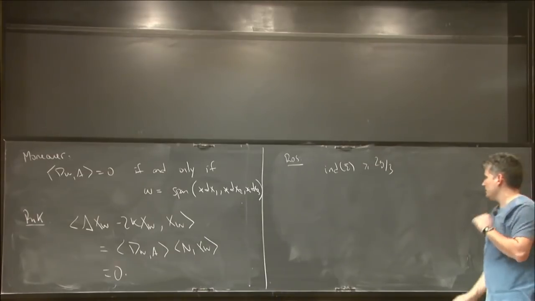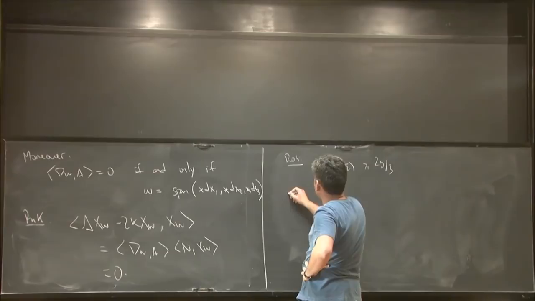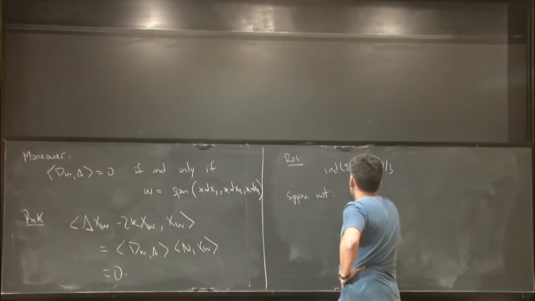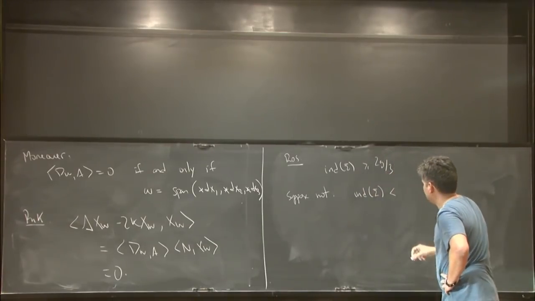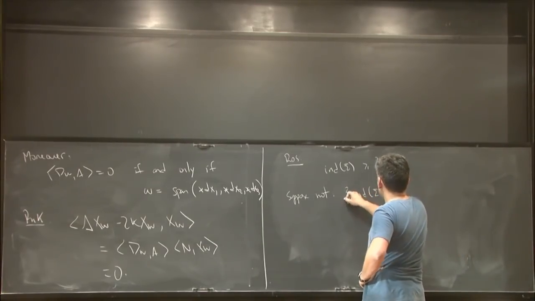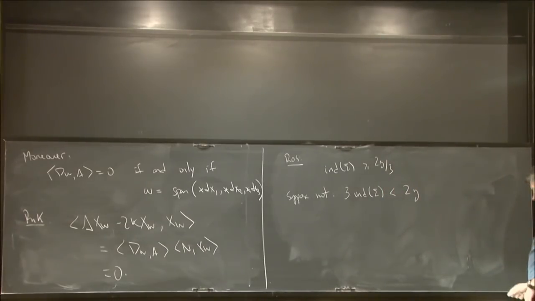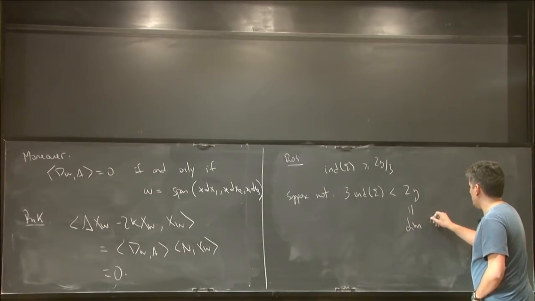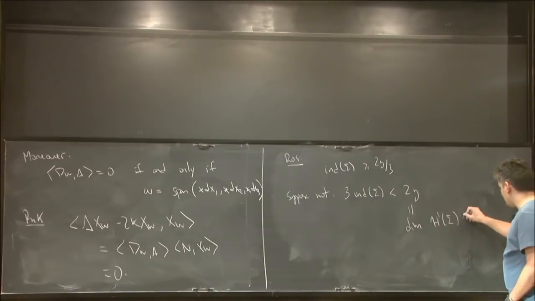So suppose not, suppose it is false, so that 3 times the index is less than 2g. Now 2g is precisely the dimension of the space of harmonic 1 forms on sigma which are in L2.